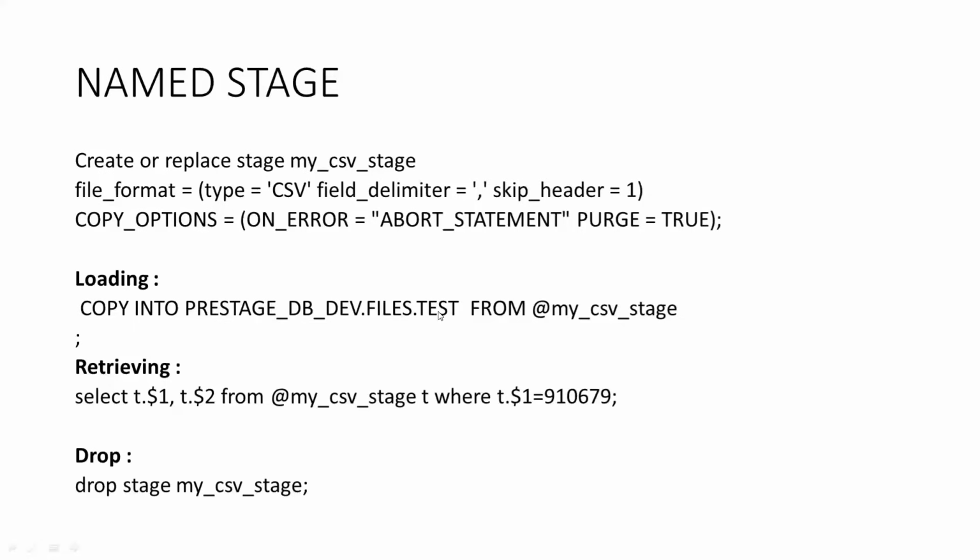We can also directly query from the stage. Dollar 1 means the first column, dollar 2 means the second column, from at the rate stage name. While the data is in the stage, it's like a stage table, and we can query it like normal tables.